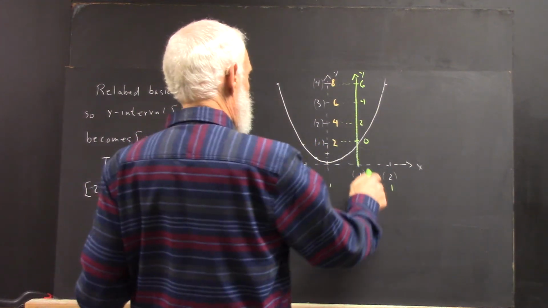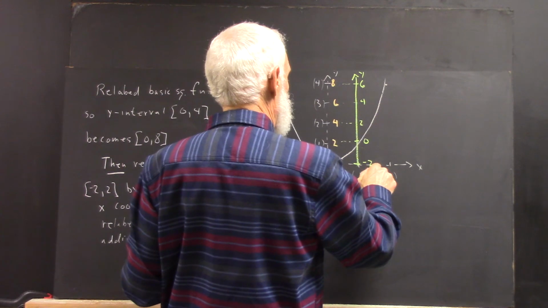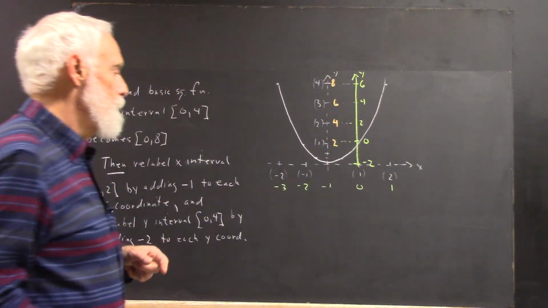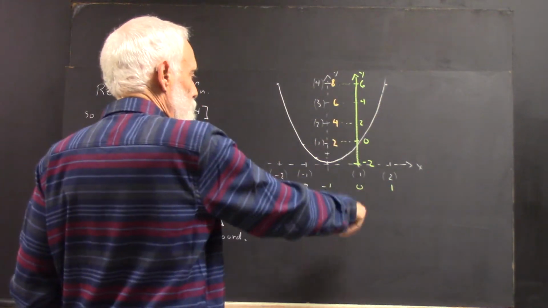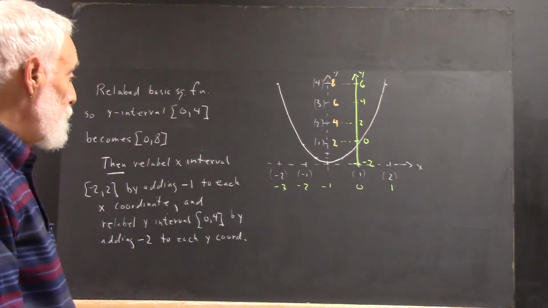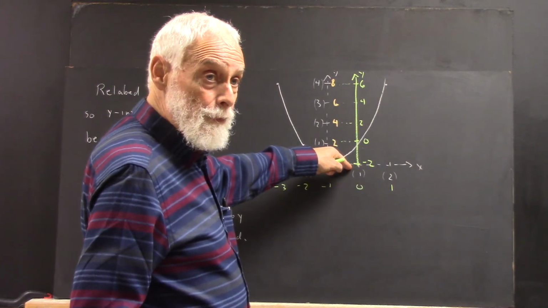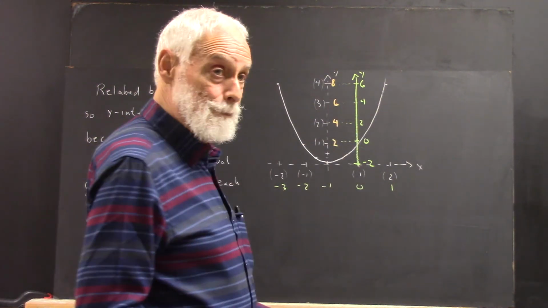And for that matter, the 0 that we have here becomes -2. And then, of course, the y-axis keeps going. But this is all we're going to need. Okay, so there's our new y-axis. Now, where's our new x-axis?